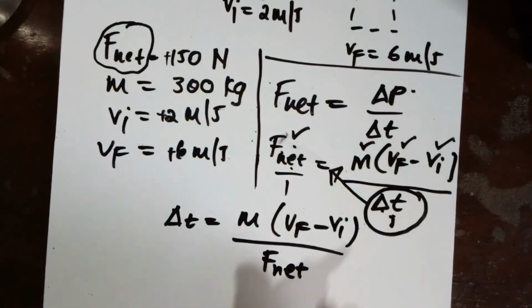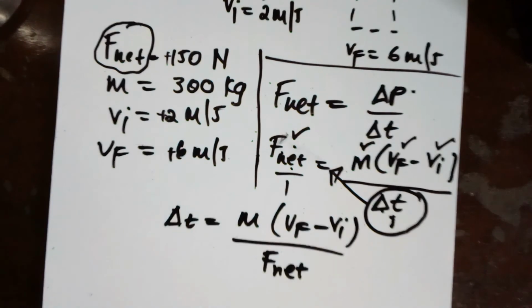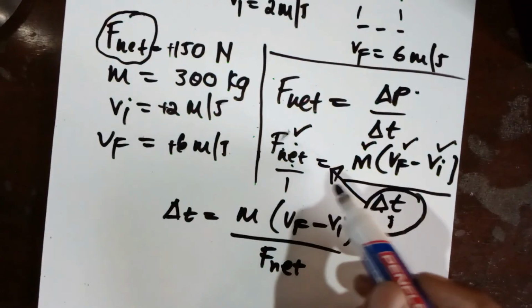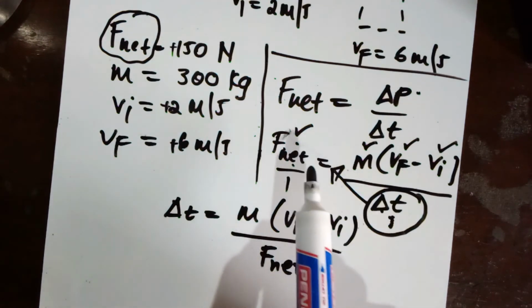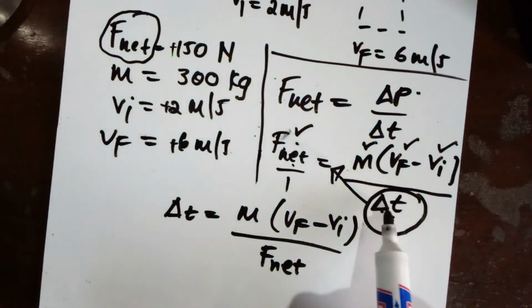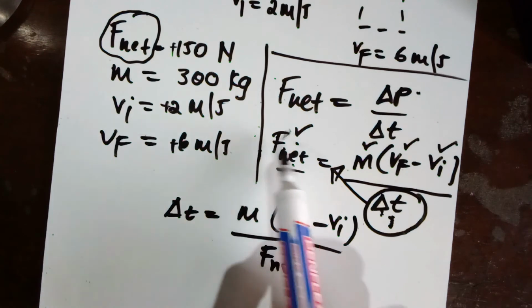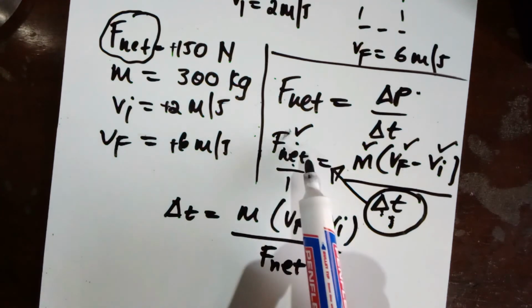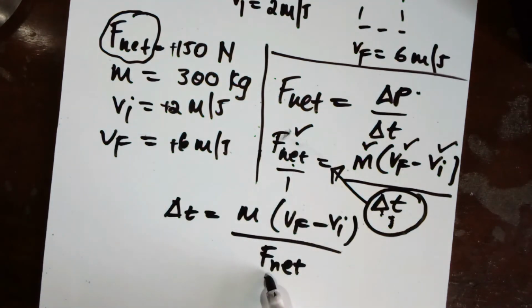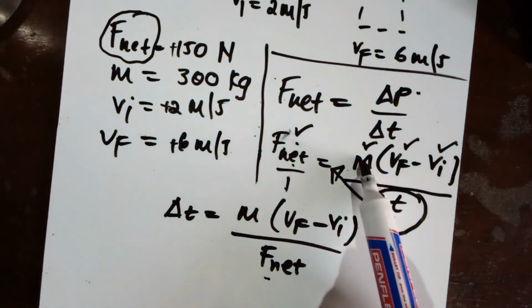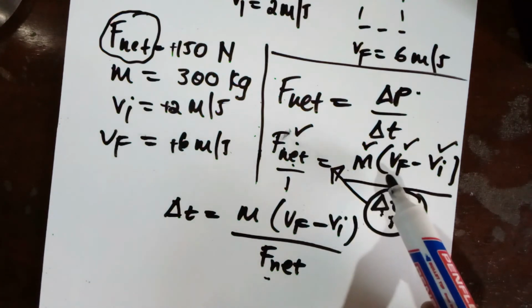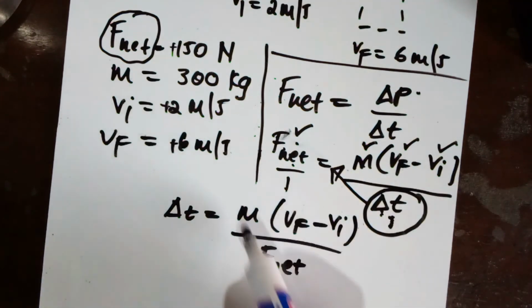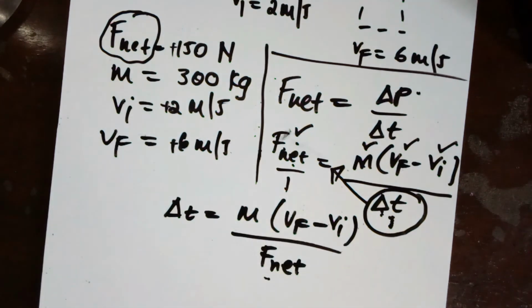If you don't understand how this is done, you can let me know. It wasn't cross multiplication. You take change in t, multiply by F net, and then divide by F net. When you divide by F net it comes to the bottom, and the change in momentum remains as the change in momentum.